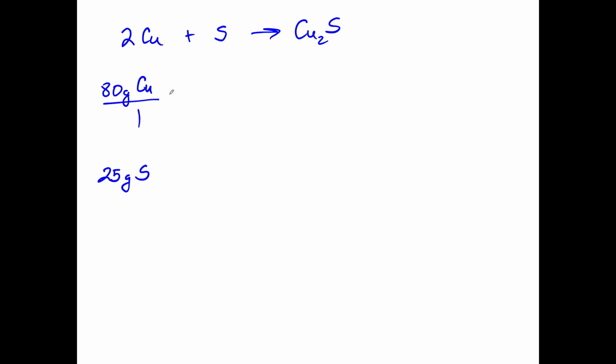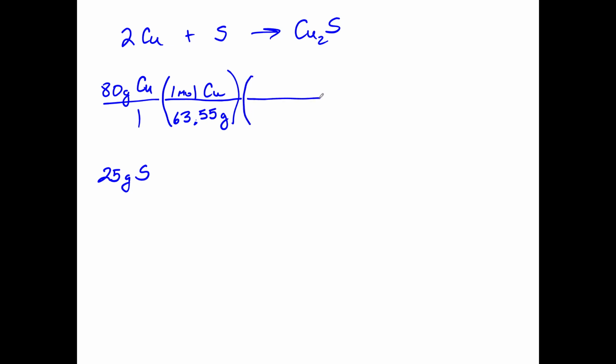You notice I wrote this down. I want to convert the grams of copper to moles, so 1 mole of copper, and the atomic weight of copper is 63.55.